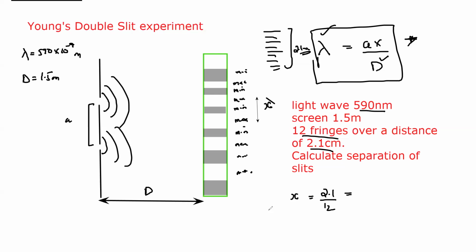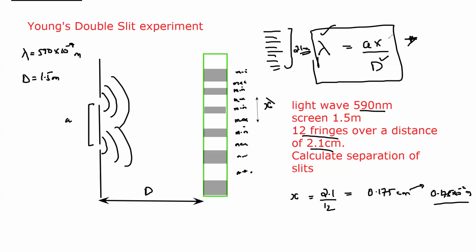So we got 0.175, but that is in centimeter. So we have to convert into meter. So we divide it by 100. So it will be 0.175 into 10 to the power minus 2 meter, or 1.75 into 10 to the power minus 3. So that is the value for x.